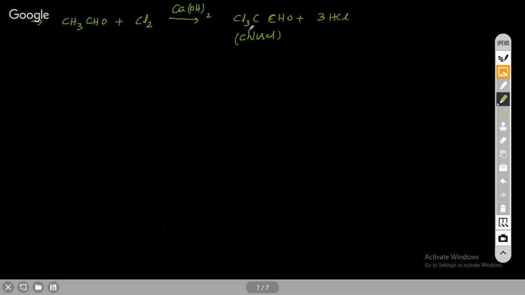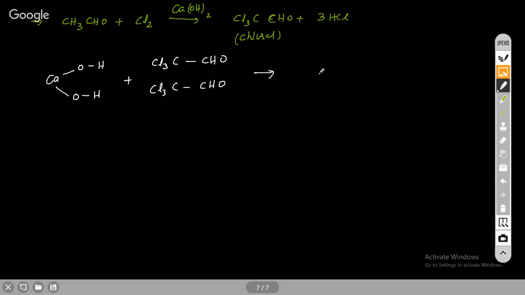Now, when this chloral is allowed to react with Ca(OH)2, which I write like this, plus we have Cl3C-CHO, and we are taking 2 moles of this here. So, 2 molecules of Cl3C-CHO.